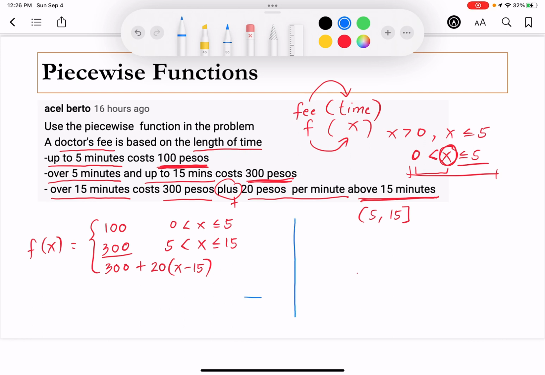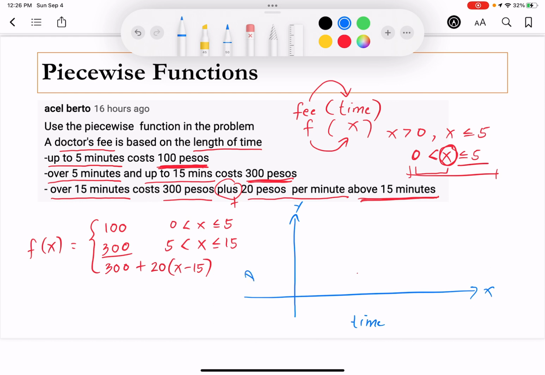Okay. I-define natin yung ating mga axes. X-axis and your Y-axis. Okay? Yung X natin ay yung time. Diba time siya?